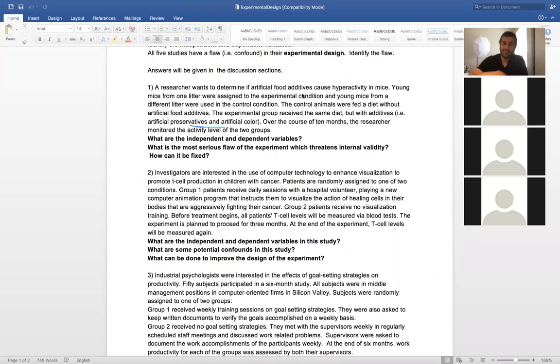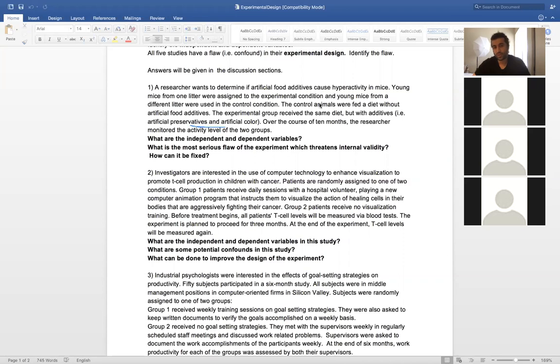So another thing, which is not for this course but is a good thing, gives you a more in-depth understanding of the scenario that you're reading: to find a confound, or what is the flaw, what is the problem of the experiment. So what do you think the main problem is for this experiment?